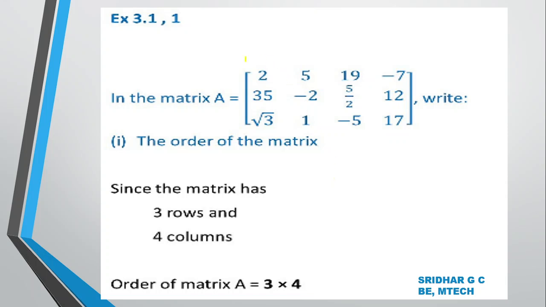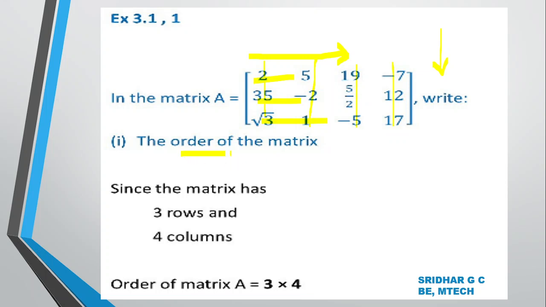See, when you write from left to right, those are rows: 1, 2, 3. In this matrix we have 3 rows and 4 columns. Writing from top to bottom gives the columns.